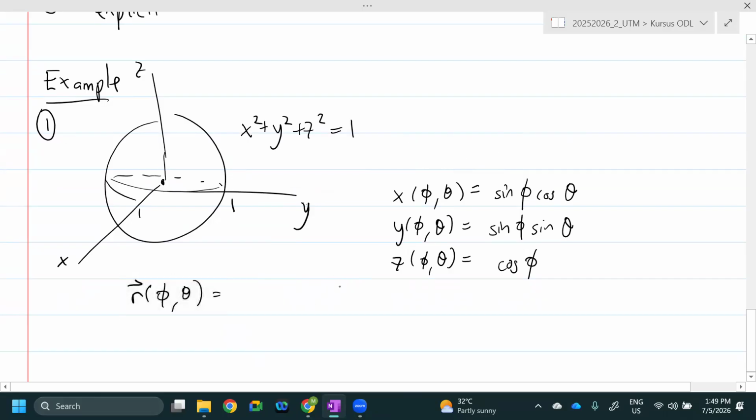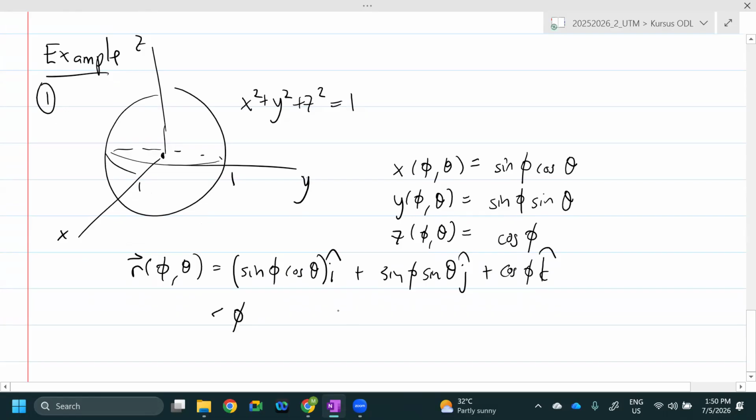You can represent it as sine phi cosine theta i plus sine phi sine theta j plus cosine phi k here. Where phi you can take from 0 until pi, 180 degrees, and theta from 0 to 2 pi. Okay, 2 pi. So that's how you parameterize a sphere.